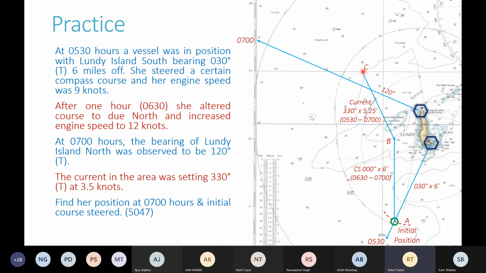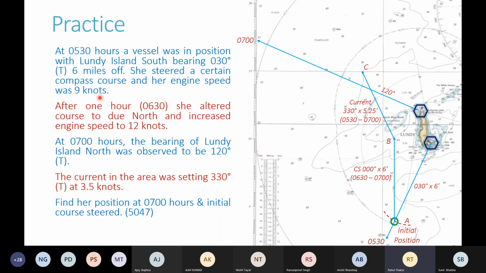So from point C, my CTS vector can go in any direction. I do not know the direction because I do not know my course steered, but I know for sure that the length of my CTS vector has to be 9 nautical miles. I know from 5:30 to 6:30, I covered a distance of 9 nautical miles.